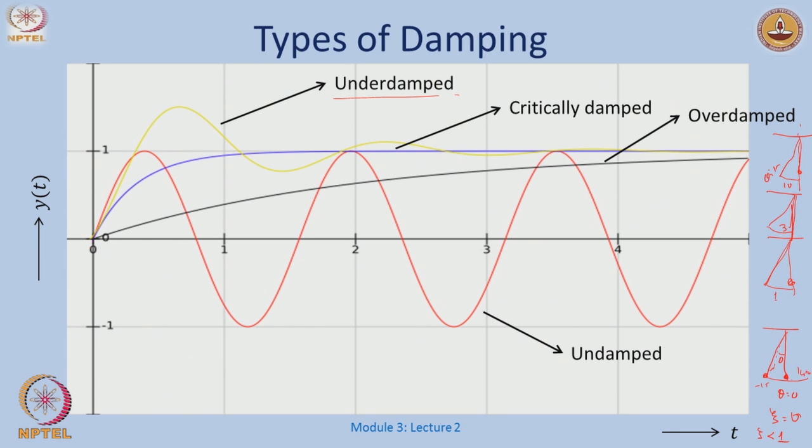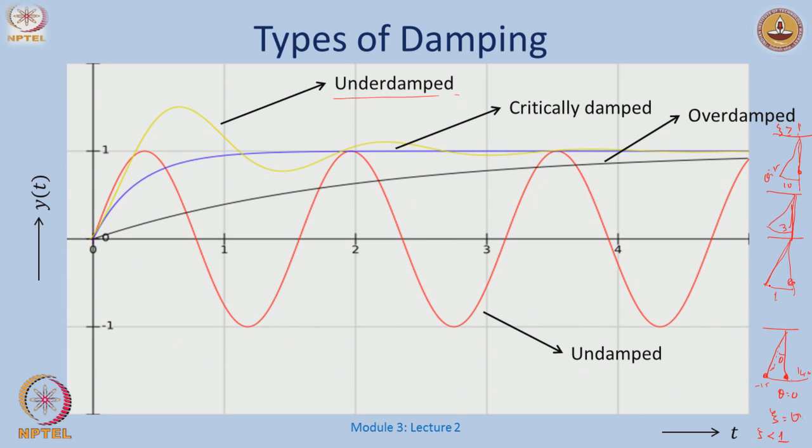Zeta equal to 0, I keep on oscillating. For some value of zeta less than 1, I am oscillating, but my oscillations are dying out before I reach the steady state position. There could be a situation where I just go from here till here in 1 second and just stop. I do not go beyond theta equal to 0. It could take 3 seconds, it could take 5 seconds. These things will vary with zeta: zeta equal to 0, zeta less than 1, and then all this behavior would be zeta greater than or equal to 1.